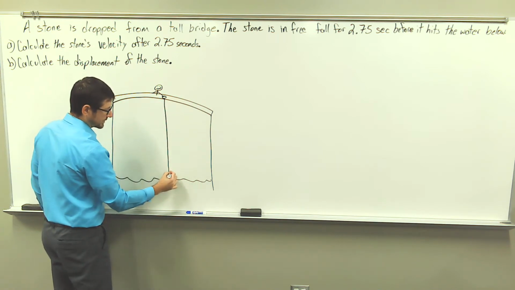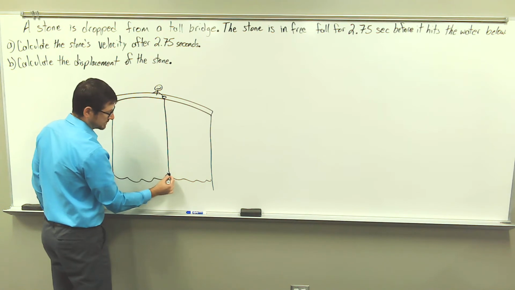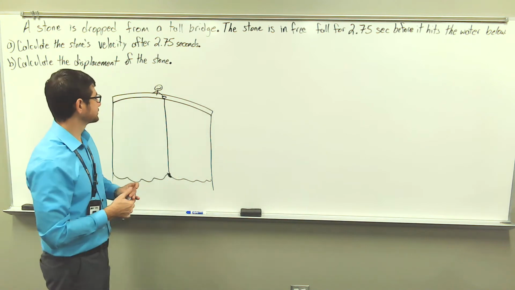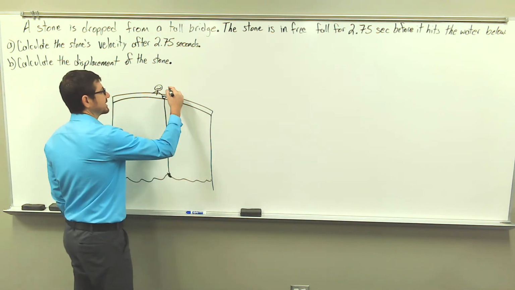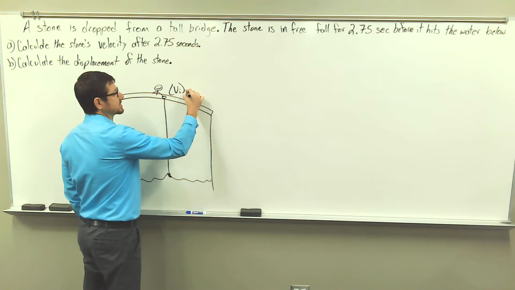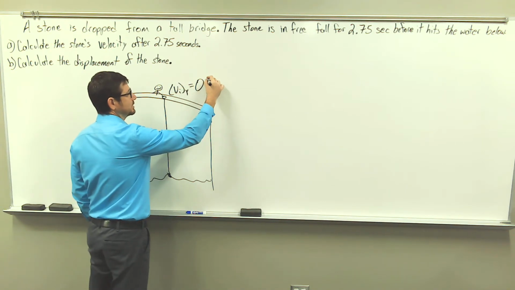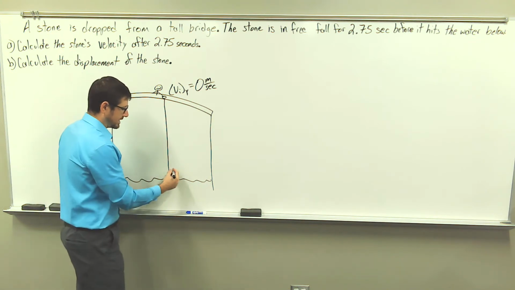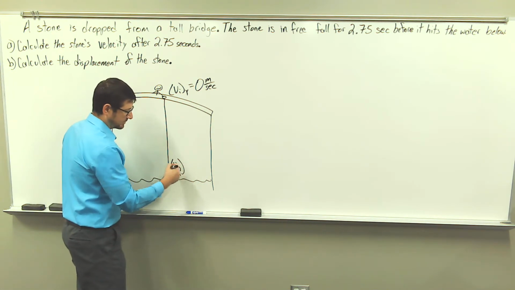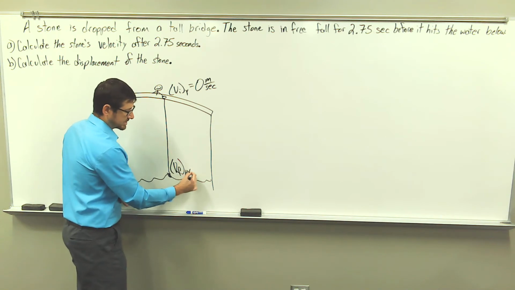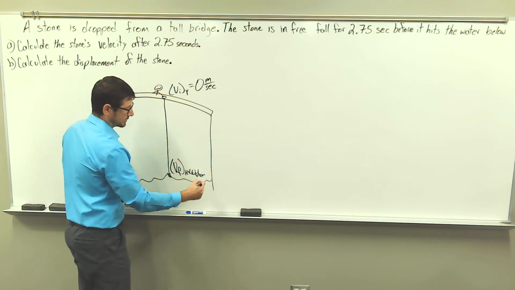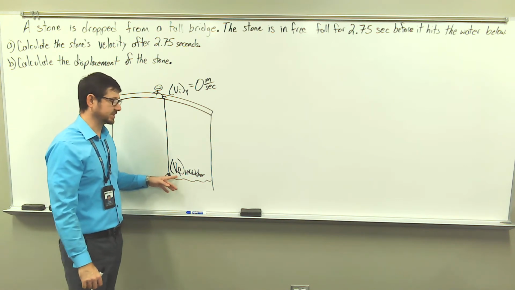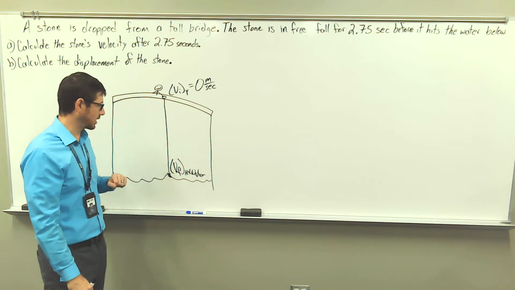You're going to drop the stone and it's going to fall into the water below. So we know that the initial velocity of the stone in the y direction is 0 meters per second. And what we want to do is label the final velocity of the stone. Now I'm going to use the subscript of hit water. So what we're going to do is calculate the velocity of the stone as soon as it hits the water.